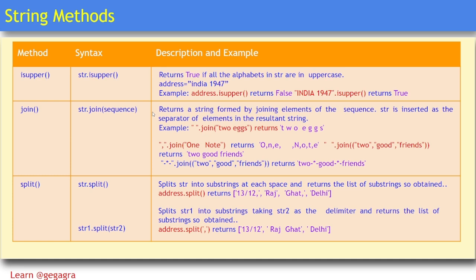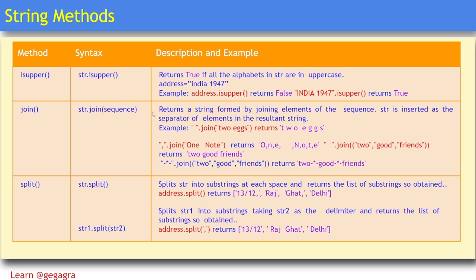So this is how we can join a string separated by the comma. Like if I say space dot join of two, good, friends, it will result in two good friends, because space is the separator. So two good friends will be separated by one space.